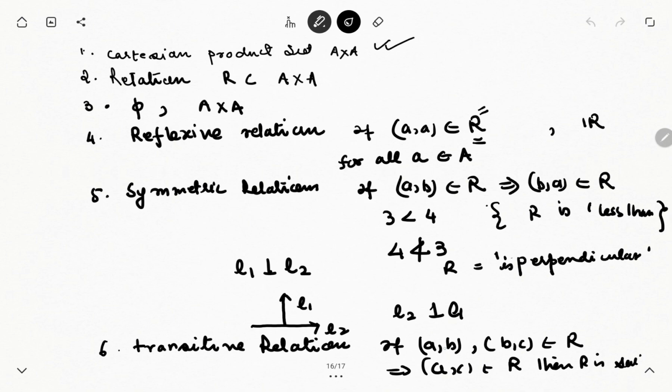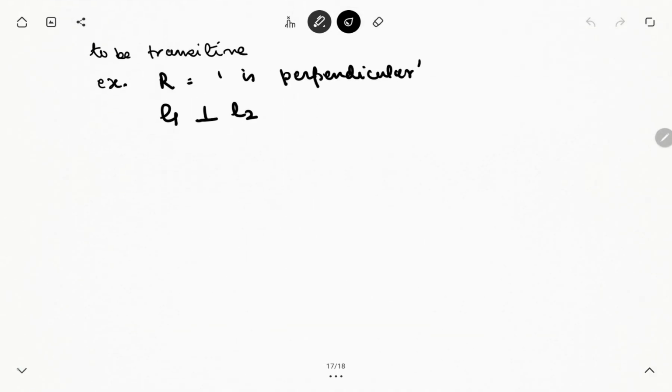In the definition, we have taken (a, b), (b, c) belong to R, and then if this implies (a, c) belongs to R, then R is said to be a transitive relation, right? So here we are taking L1 is perpendicular to L2.